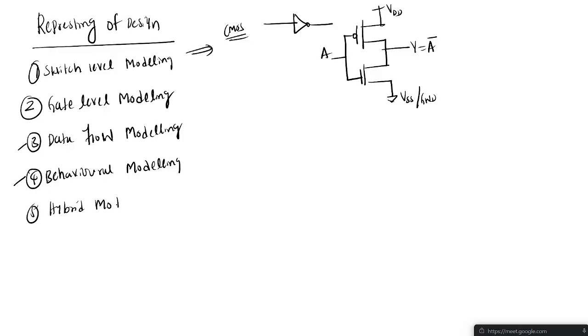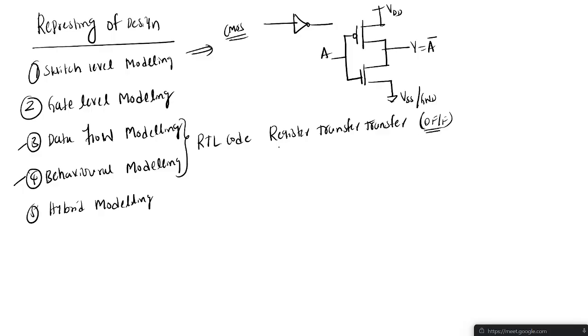When you write in data flow and behavioral modeling, that we call RTL code. RTL is register transfer level. When you convert into a gate level netlist, it is converted in terms of D flip flops only. How the data is transmitted through the registers is nothing but RTL code.